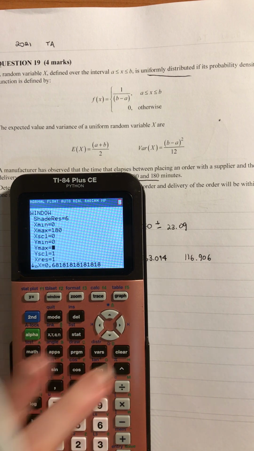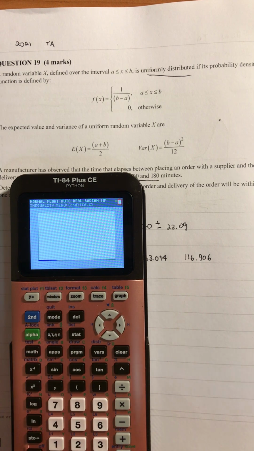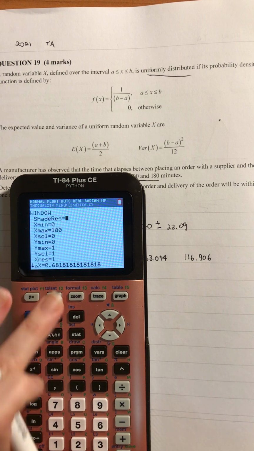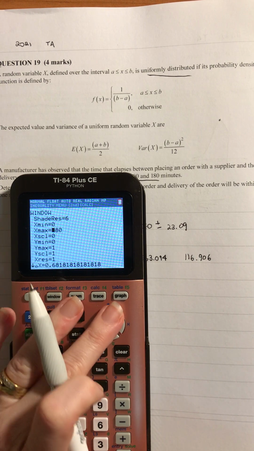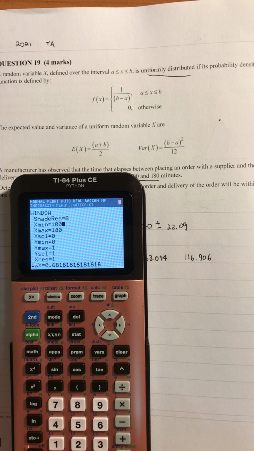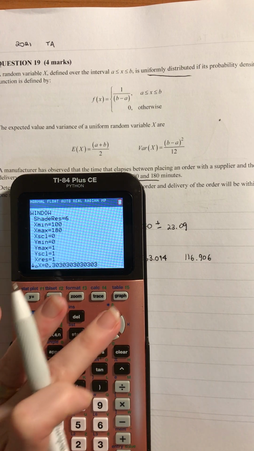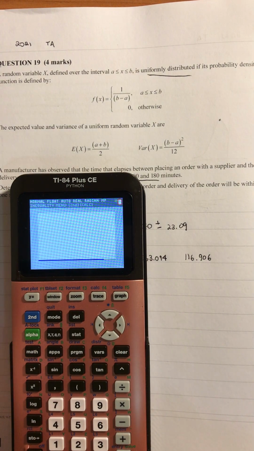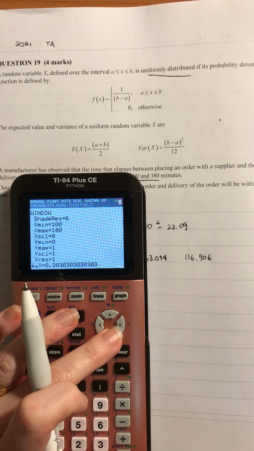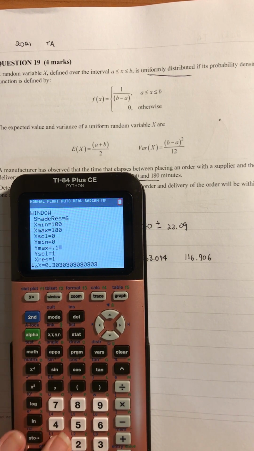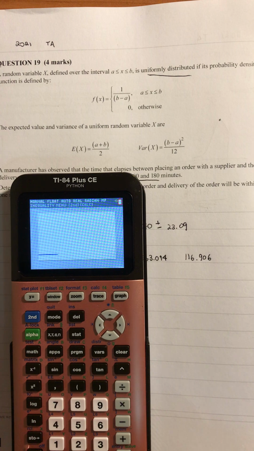We only will need to go to 1 there for our probability. There's our function there. I might even change it to be between 100 and 180, because we know those are the values that we've got there. And then change my window to go down a little bit further for my y, just to see that a little bit better. So there's our graph.